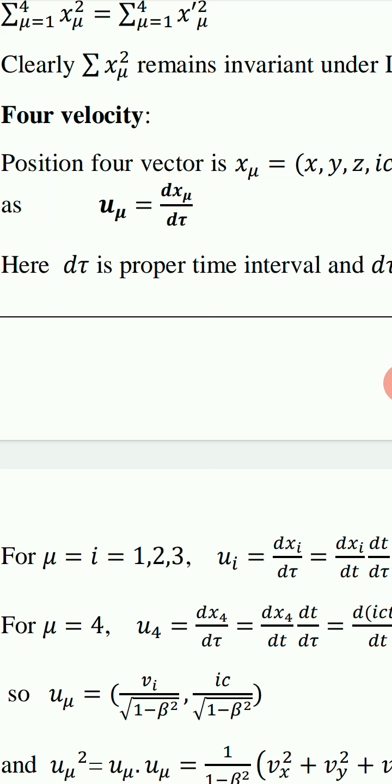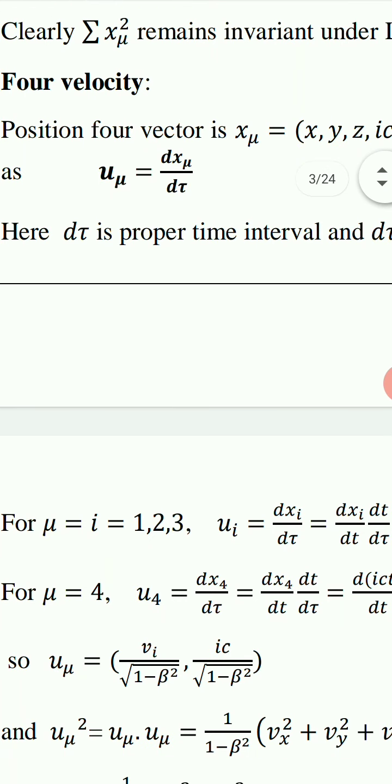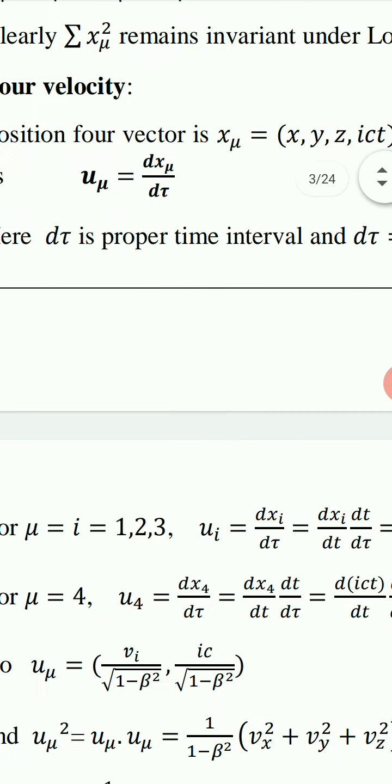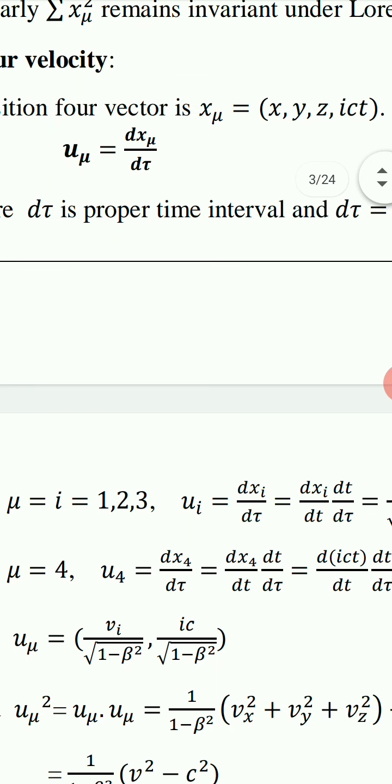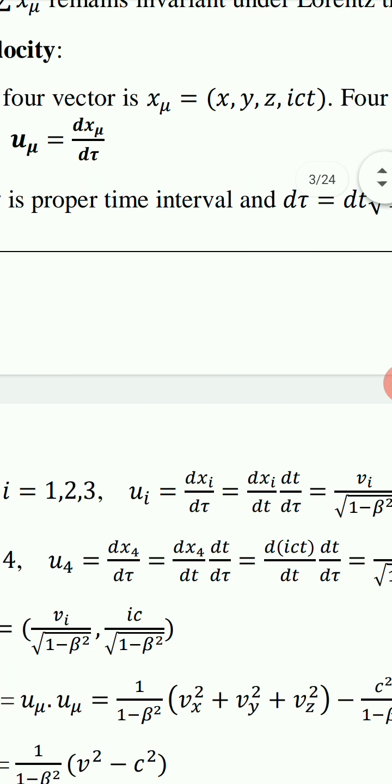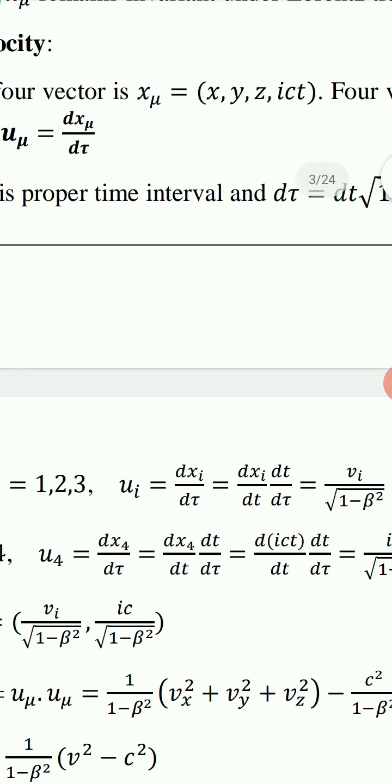Now we have four components of it. First three components are ui. We put mu equal to i equal to 1, 2, 3 and get the first three components, which are ui equal to dxi upon d tau. We can write it as dxi upon dt into dt upon d tau, multiplying and dividing by dt.